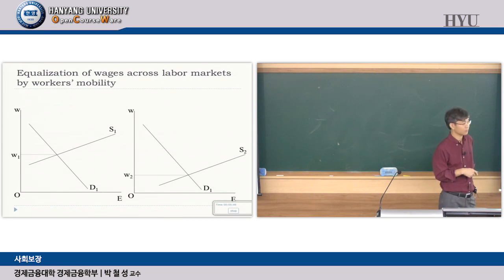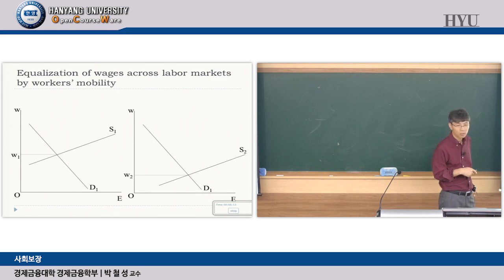Why? For example, let's say there are two areas, Seoul and Busan. In Seoul, the market wage is W1. In Busan, let's say the market wage is W2. Let's say there is no restriction on movement between these two areas, and no cost of moving from one to another.